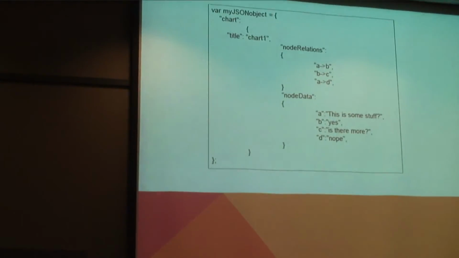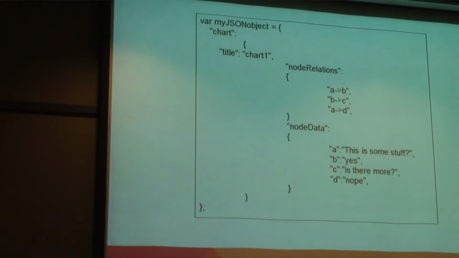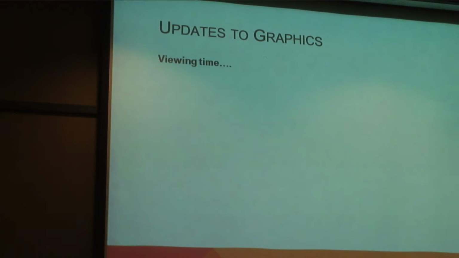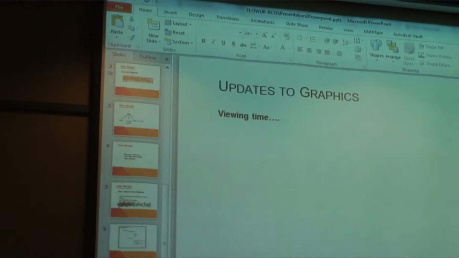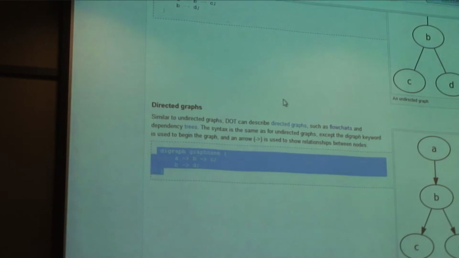I haven't tested it out, but this is in JSON, and it stores relations and then what each node would be data-wise. And then a quick demo of the upgraded graphics. And he's using the previous method for node relations.